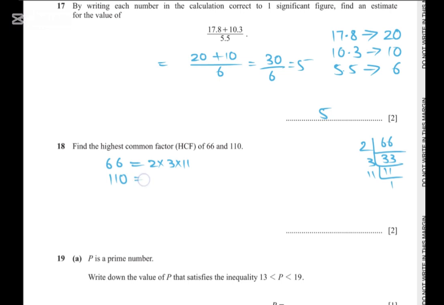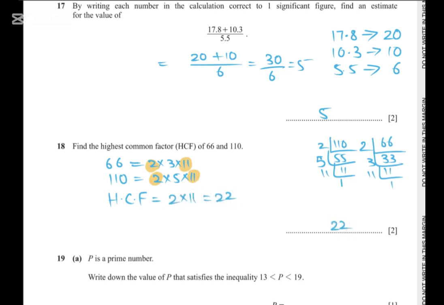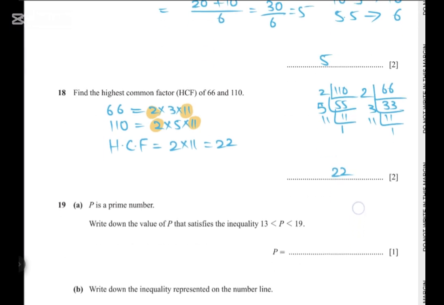For 110, do the same: 2 into 55, then 5 into 11, then 11 into 1. So that will be 2 into 5 into 11. For the HCF you need to take the common factors. The common factors are 2 and 11. So just write 2 into 11, which is 22. HCF is 22.